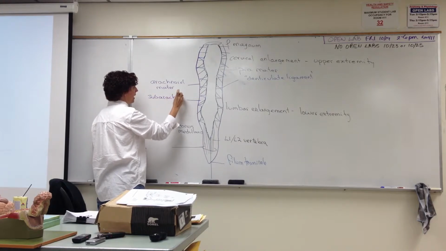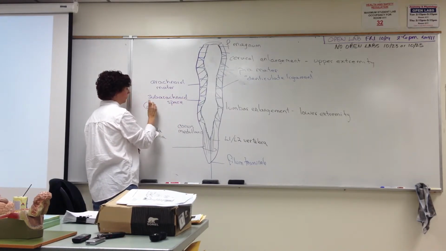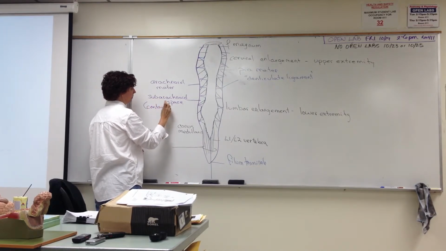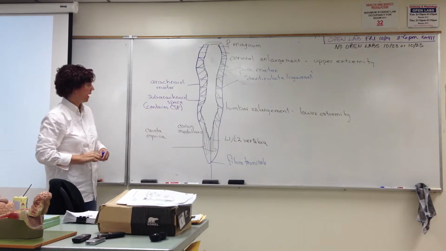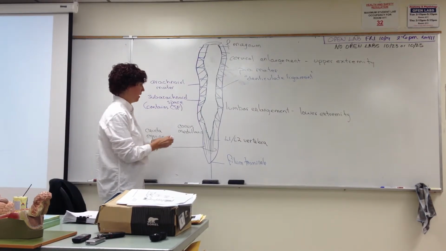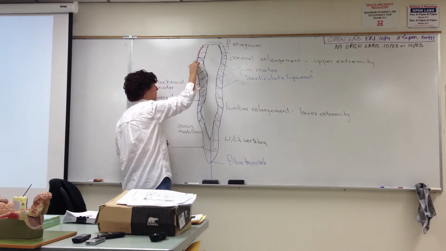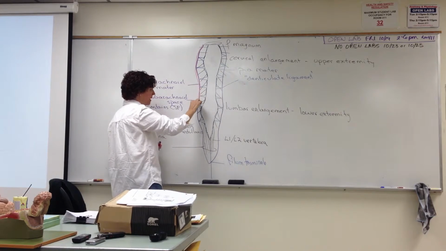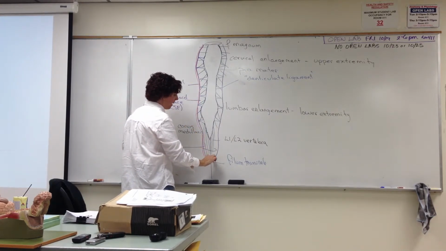What's the fluid it contains? CSF. And then attached to that outer surface is the thicker, tougher dura mater. And we find these same layers, remember, in the meninges that surround the brain.